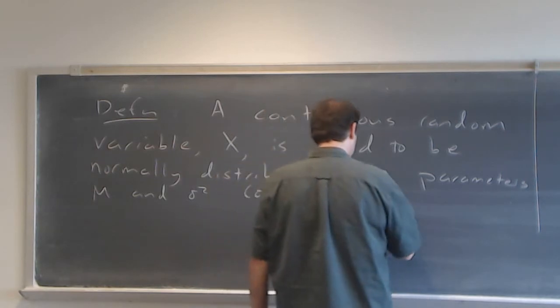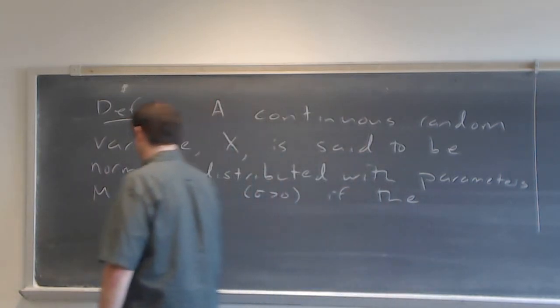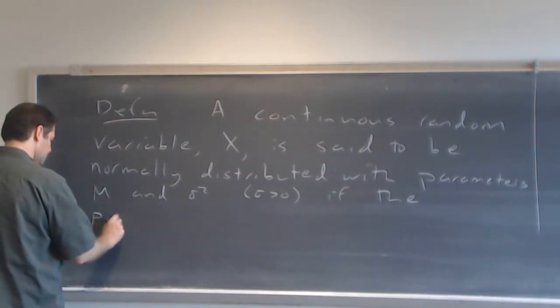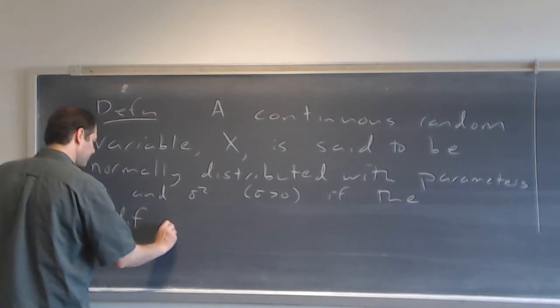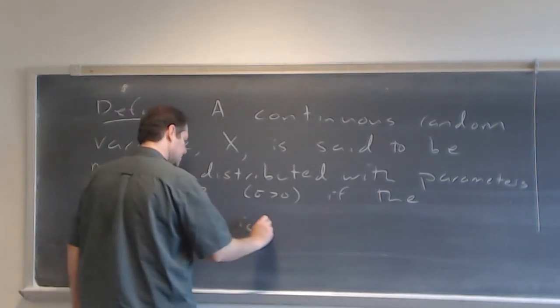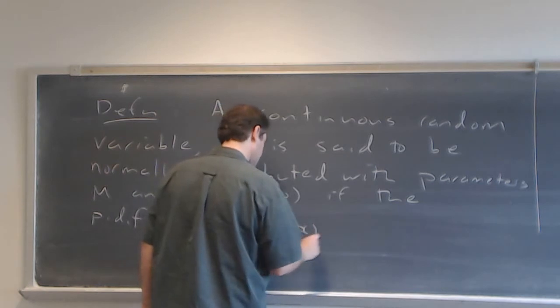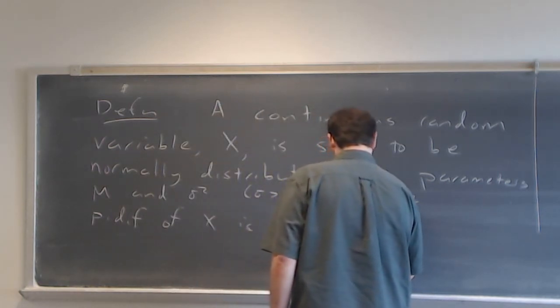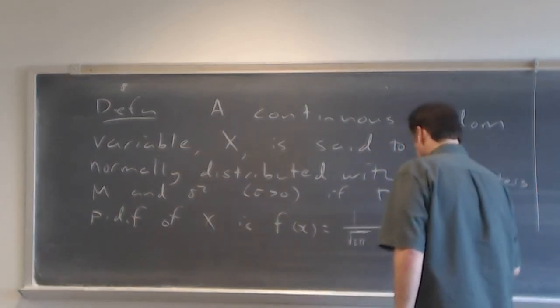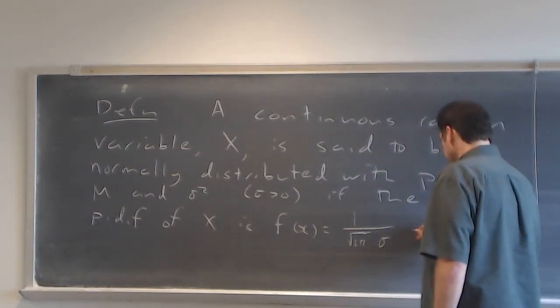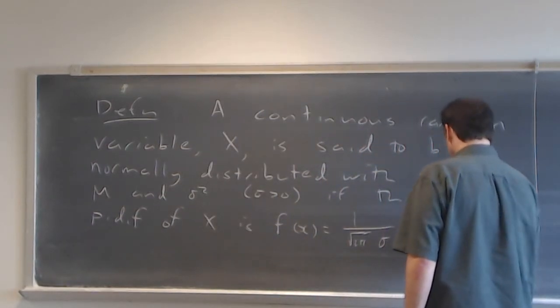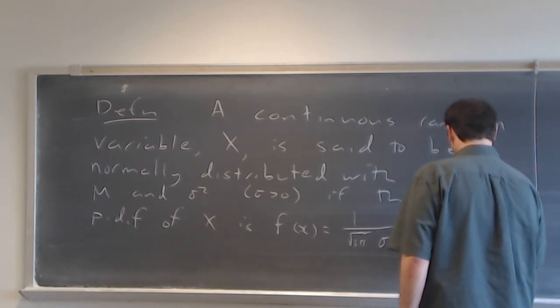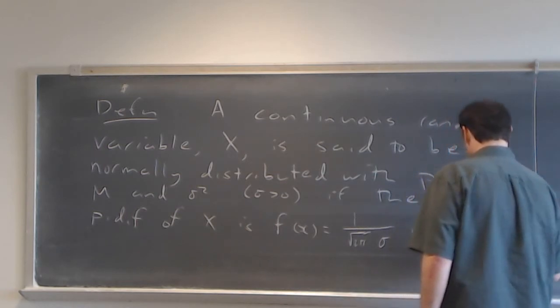If the PDF of X, probability density function, is f of x equal to 1 over the square root of 2 pi sigma, then e to the minus quantity x minus mu squared all over 2 sigma squared.